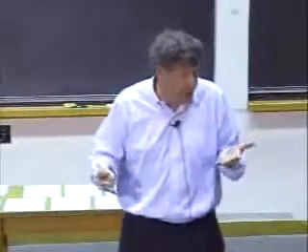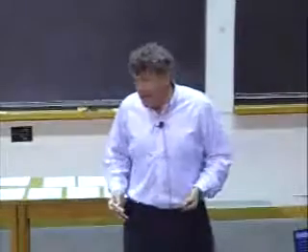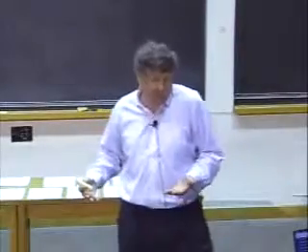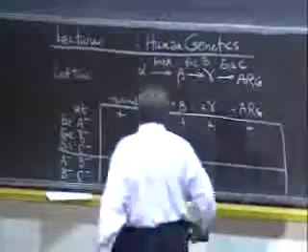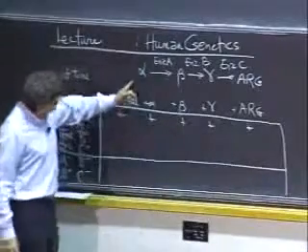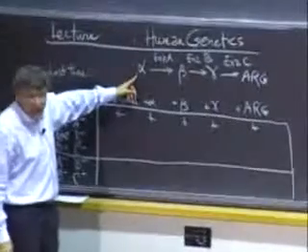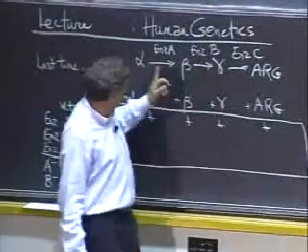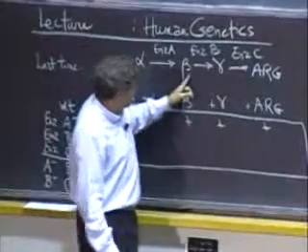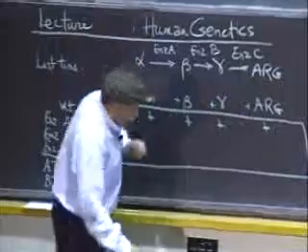Because we're beginning to try to unite the geneticist's point of view, who looks only at mutants, and the biochemist's point of view, who looks at pathways and proteins. And I had hypothesized that there was some biochemist who had thought up a possible pathway for the synthesis of arginine that involved some precursor, alpha, beta, gamma, where alpha is turned into beta, beta is turned into gamma, and gamma is used to turn into arginine.